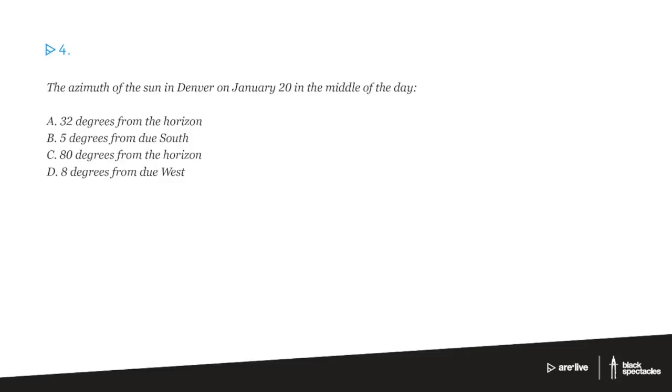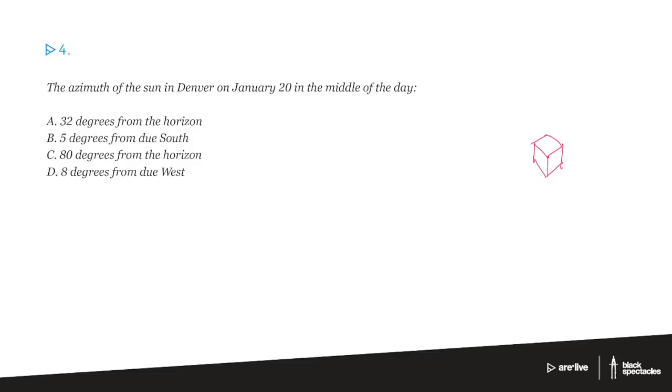So azimuth, when I'm thinking about where the sun is in the sky, there are two key things I need to understand. So this is going to be a little tricky to draw, so give me a second.